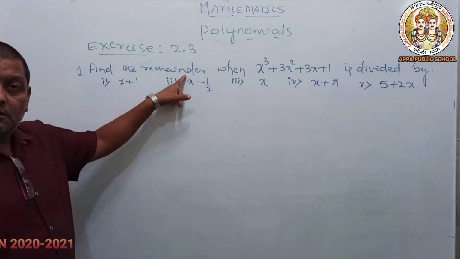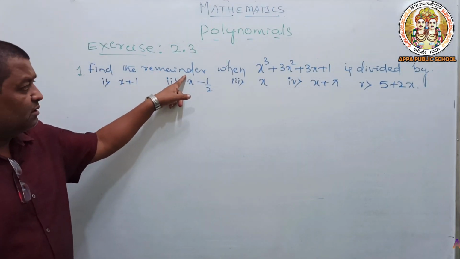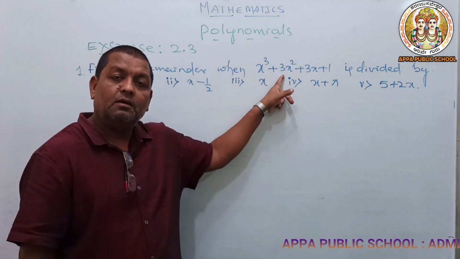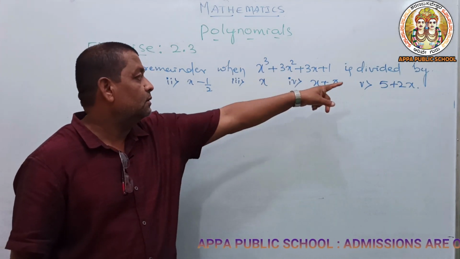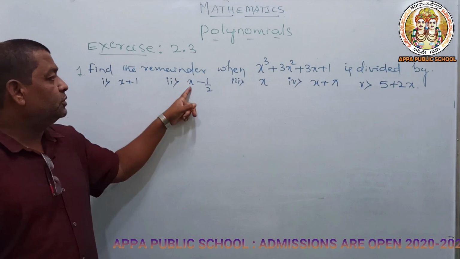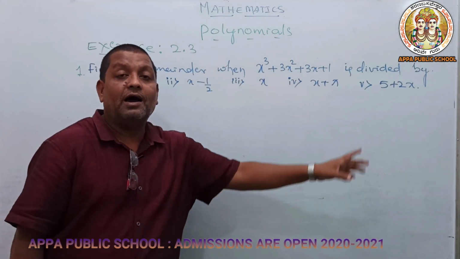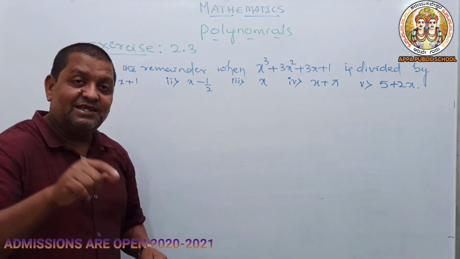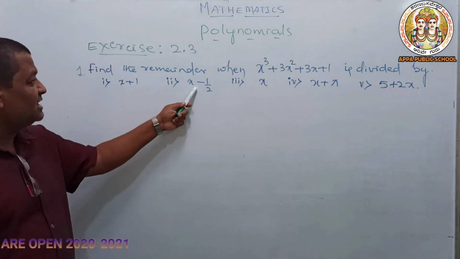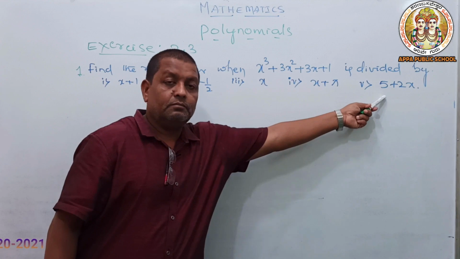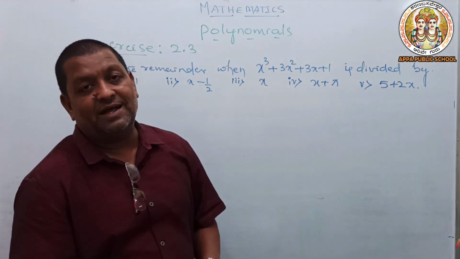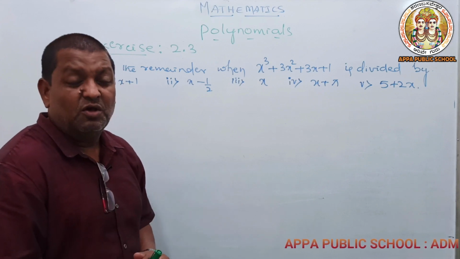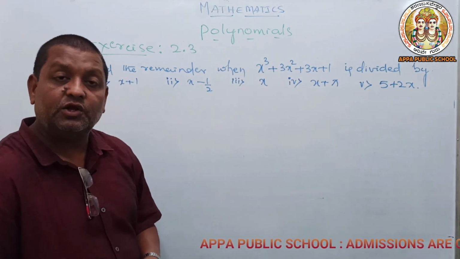Find the remainder of this polynomial by 1, 2, 3, 4, 5 small polynomials. Means in each case we need to find remainders. So already our remainder theorem helped us.